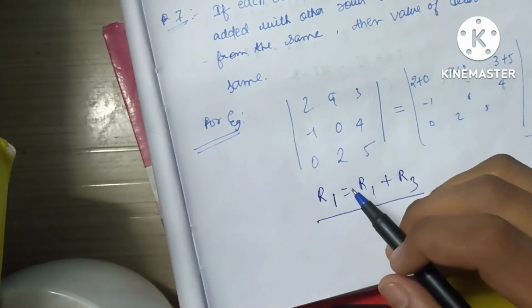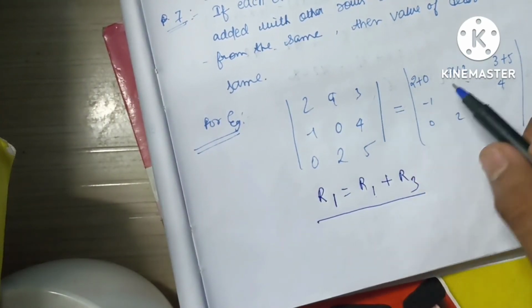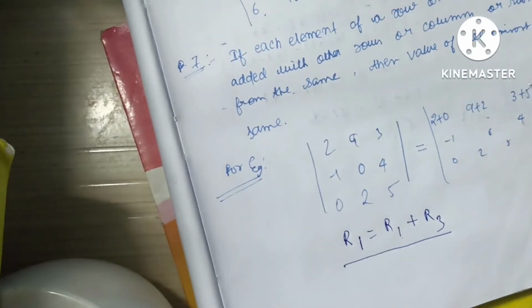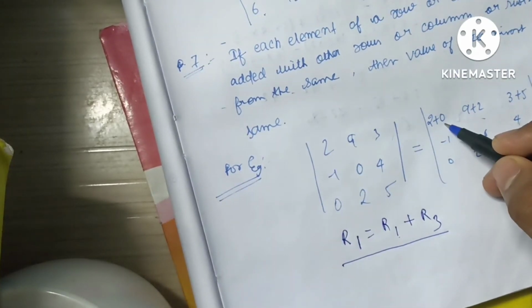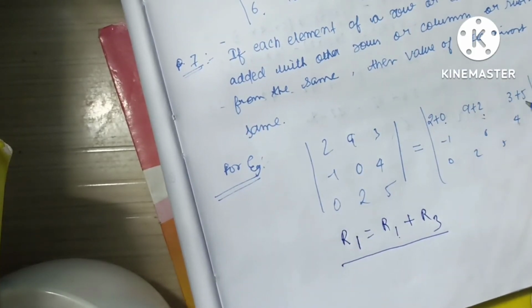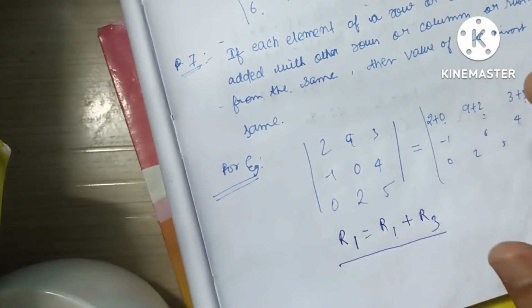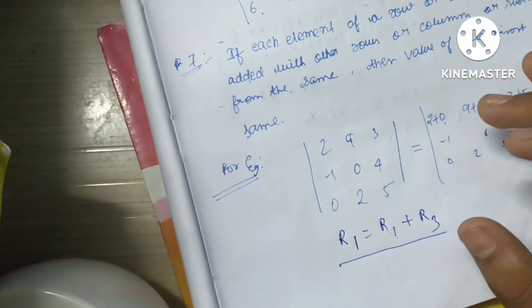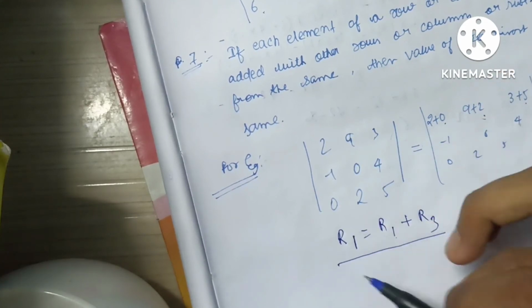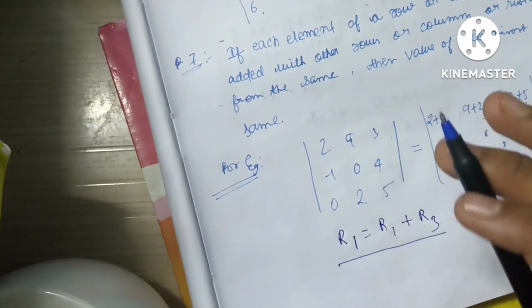We have added row 1 and row 3. So row 1 now changes to 2 plus 0, 9 plus 2, 3 plus 5. However, the other two rows remain unchanged. This is the most important thing. Other rows remain unchanged, and we can do this with any row and any column.